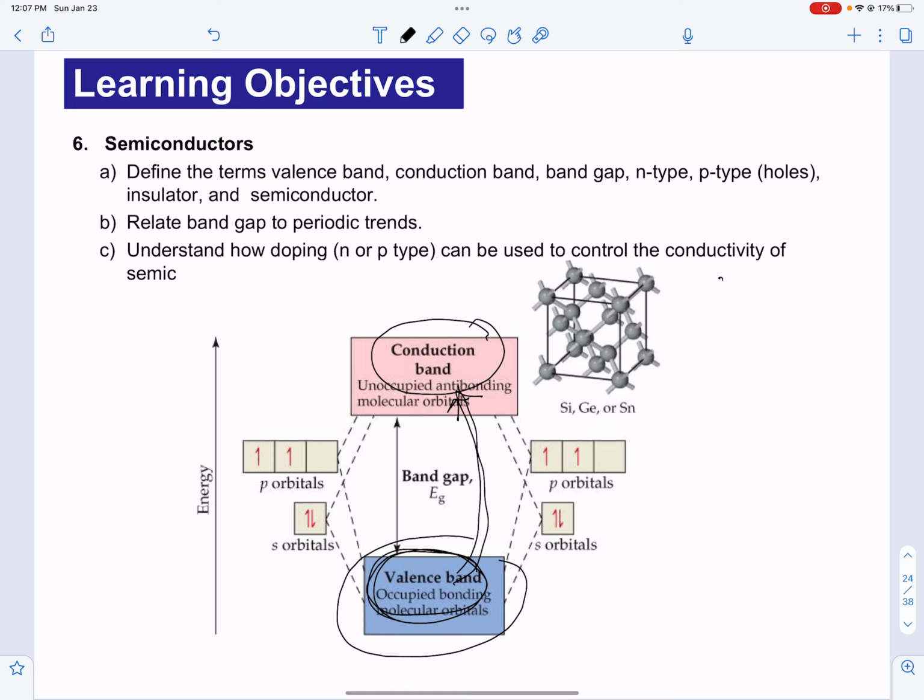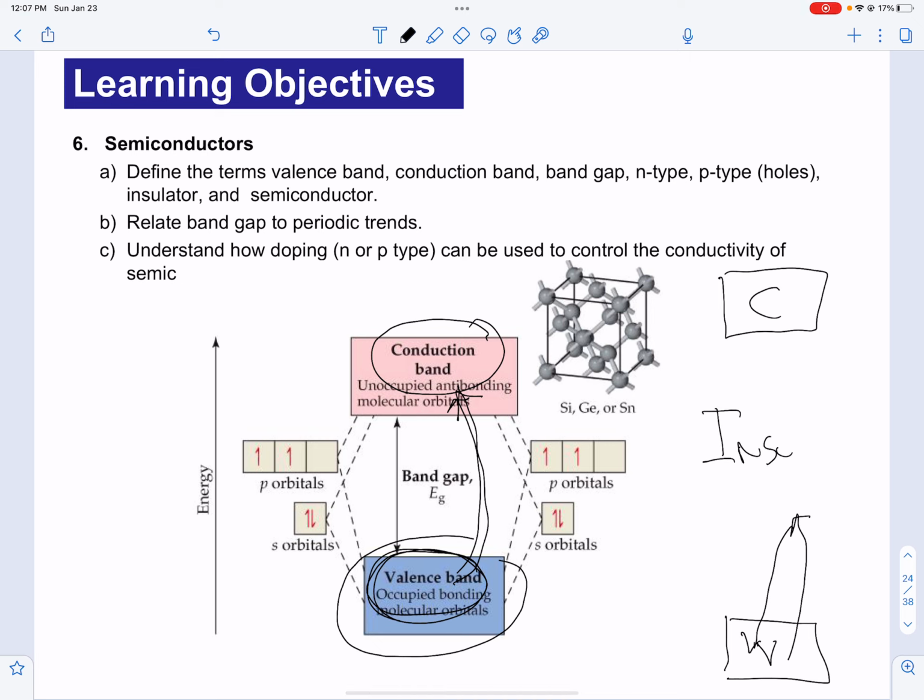But what happens if your conduction band is like this and your valence band is like that, and your electrons can only go there? In that case, the electrons do not have enough energy to make it to the conduction band, so there's no electricity being created, there's no conduction. So we call this an insulator. An insulator will be a solid where the difference between the valence band and the conduction band is so huge that the electrons cannot move from one to the other.